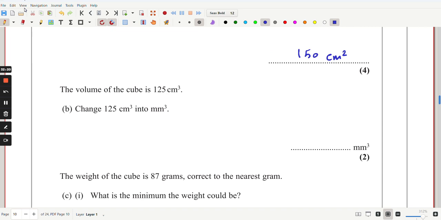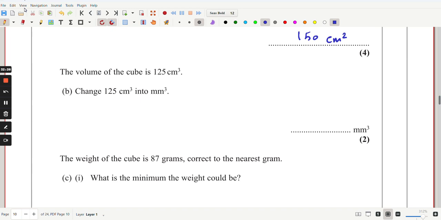Now the volume of the cube is 125 centimeters cubed. Change 125 centimeters cubed into millimeters cubed.